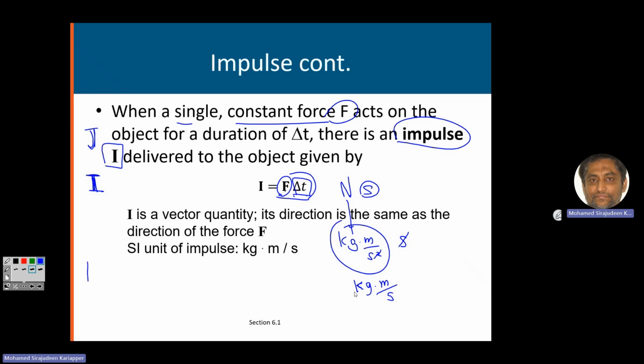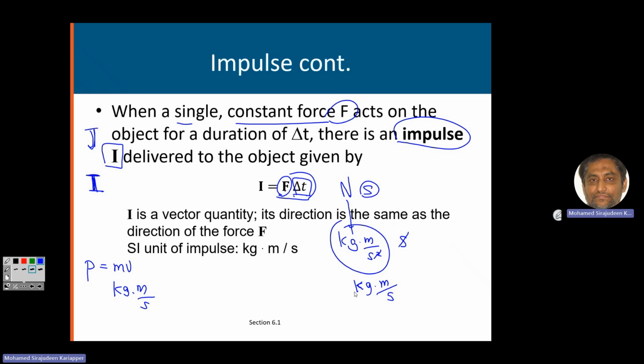What's my point? Remember the unit for momentum? It is also kilogram meter per second. Same. So this is an important point, okay? Impulse and momentum have the same unit. This must be ringing a bell for you. In chapter 5, something similar happened. We defined the kinetic energy. We said the unit is joule.